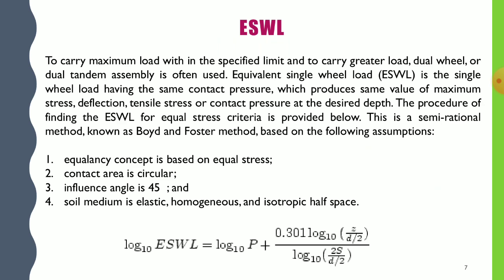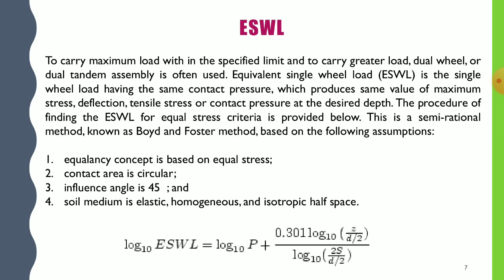This is a semi-rational method known as the Boyd and Foster method, based on the following assumptions. First one is the equivalency concept is based on equal stress. Second is contact area is circular, influence angle is 45 degrees, and soil medium is elastic, homogeneous and isotropic.